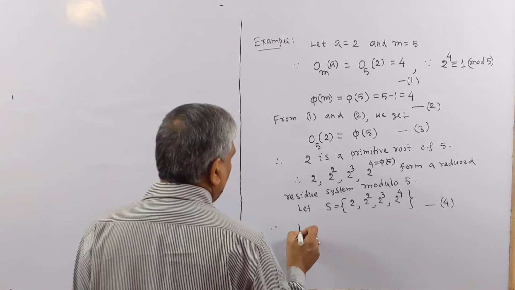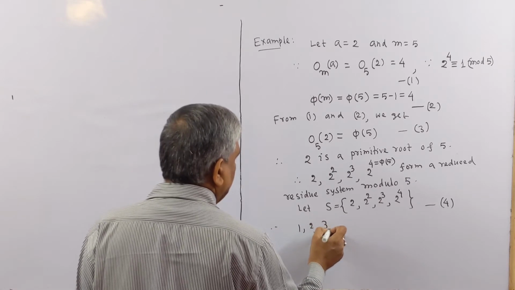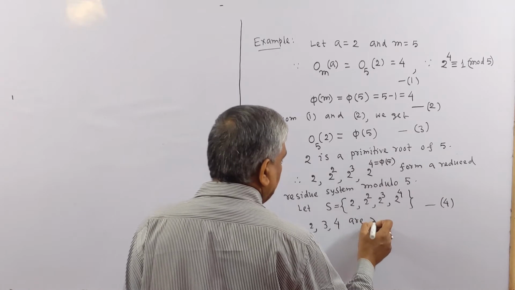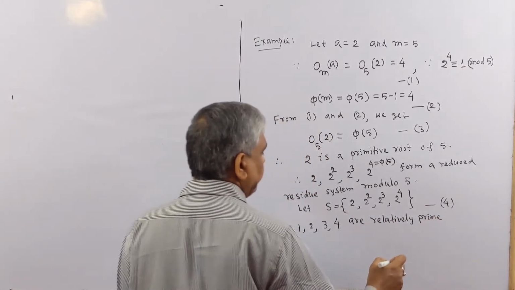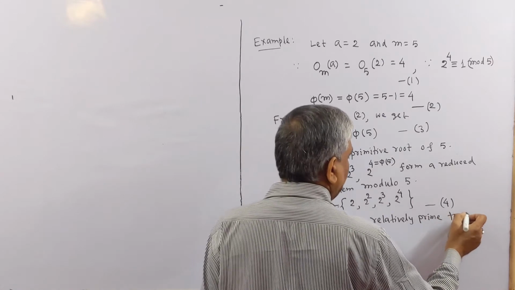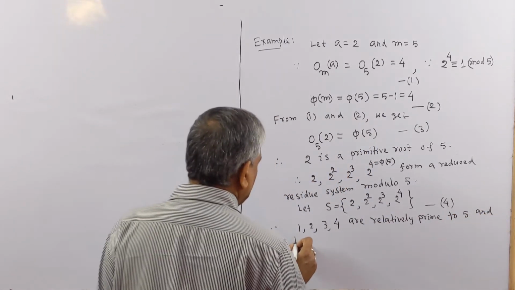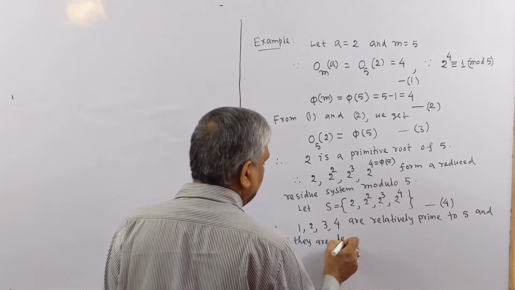Since 1, 2, 3, 4 are relatively prime to 5 and they are less than 5.